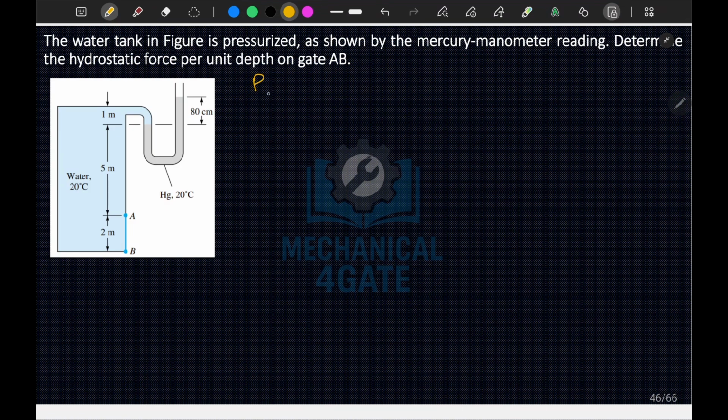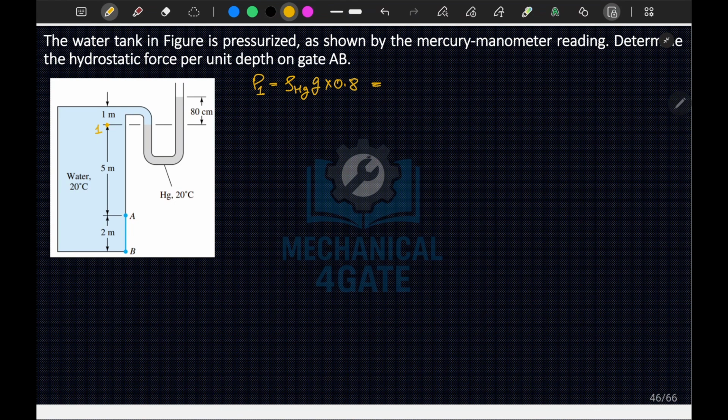Here this will be your atmospheric pressure, or I can call it a reference pressure, and let me name this point 1. So P1 is equal to rho Hg times g times 0.8.